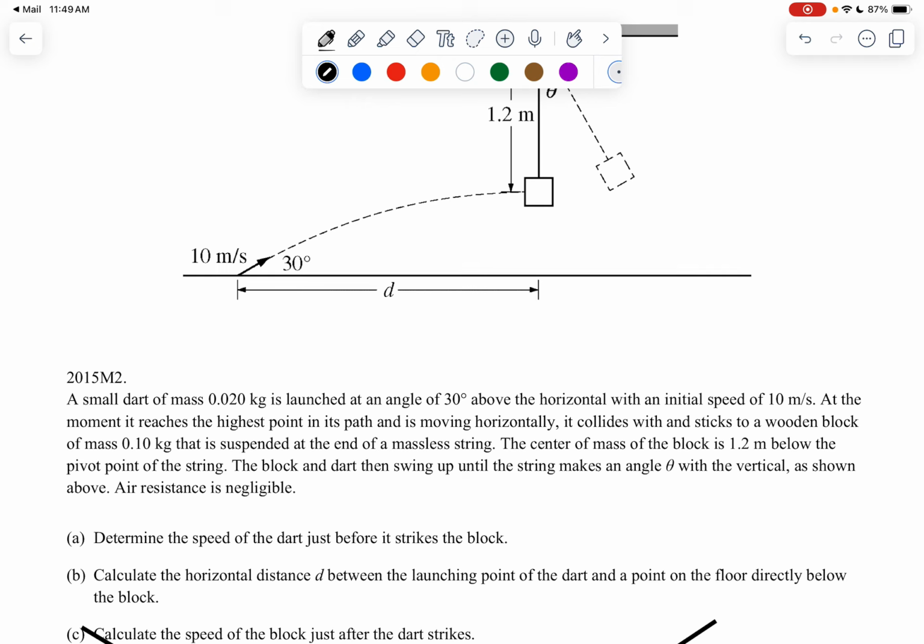So one thing we're told is that we're looking at the point at which our projectile reaches the highest point along its path and is moving horizontally, before it goes into decline and sticks to the wooden block. So if we're trying to figure out the speed of the dart just before it strikes the block, basically we want to know our velocity at that top point.